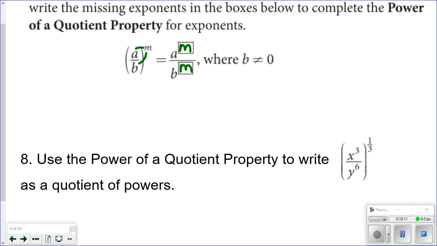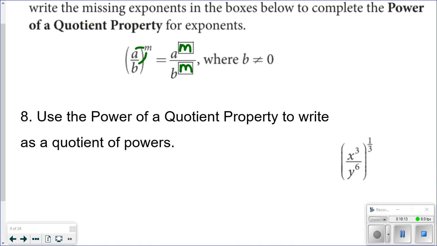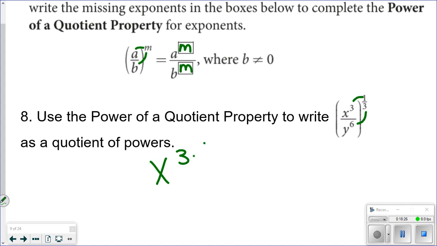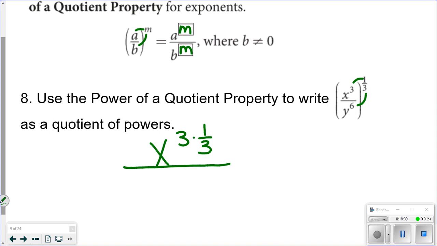Okay, so let's try question 8. Again, don't let the fractions scare you. Pause the video and use your calculator to answer this question. So you're going to multiply. Come up with your answer.